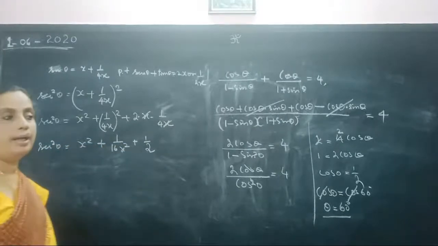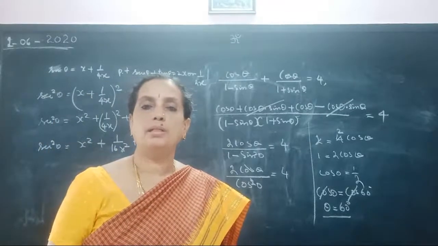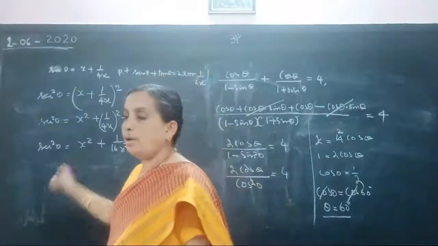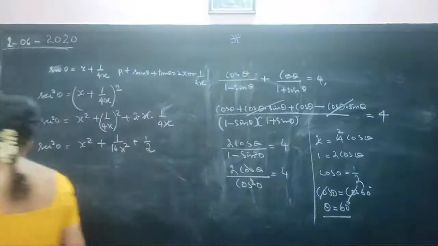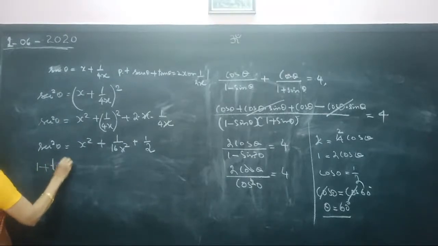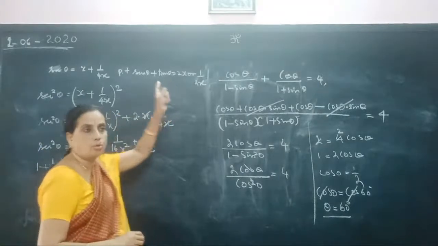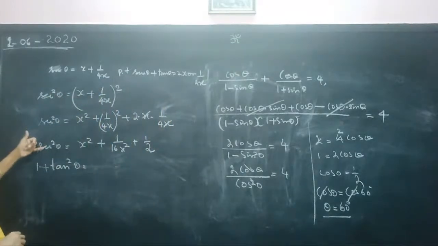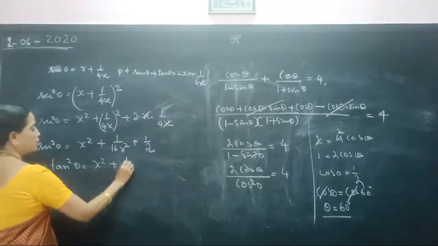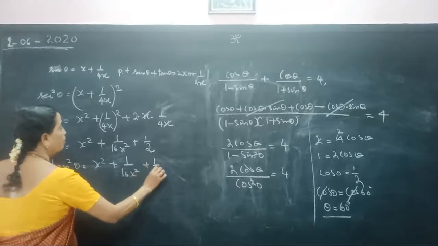And we can write secant in terms of tan. That is, 1 plus tan square theta is secant square theta. So I will write secant square as 1 plus tan square theta, because we require it in terms of tan also. So 1 plus tan square theta equals x square plus 1 upon 16 x square plus 1 by 2.